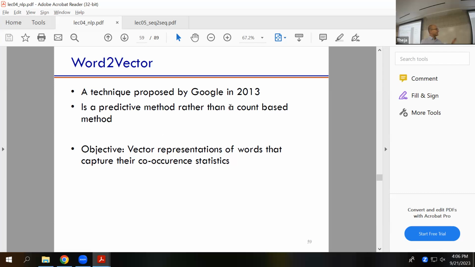The distinction to a count-based method, which we did not discuss at all, is that there are some other ways to also get vector representations which capture the distributional hypothesis we wanted, which is similar vectors for words that appear in similar contexts. You can also do a count-based approach, which is exactly what the embedding problem that you solved in the assignment would do.